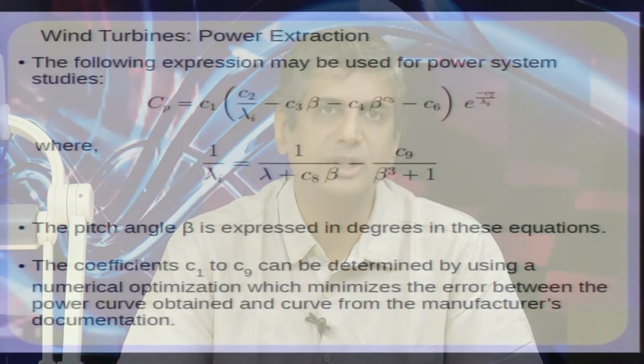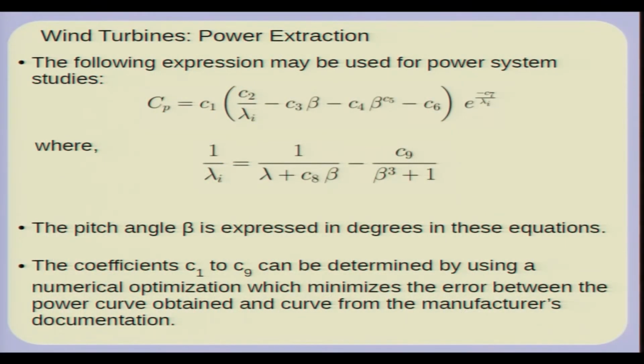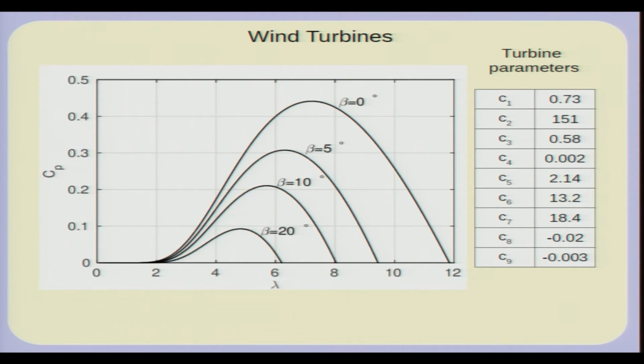So, if you plot this for some typical values which are given in the literature, you will find that Cp for one particular turbine has this characteristic. When beta is equal to 0 and I vary lambda, you get this kind of characteristic. If I keep lambda fixed and vary beta, I will be moving along this.